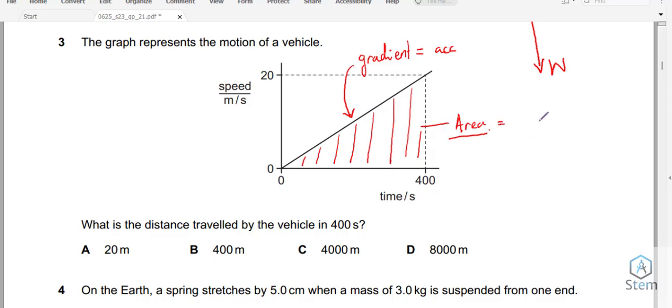Area is equal to, this is a triangle, so 1/2 times base times height, the popular half base times height equation. We have 1/2, the base is 400, the height is 20. This gives us 4,000. So the distance traveled is 4,000 meters.